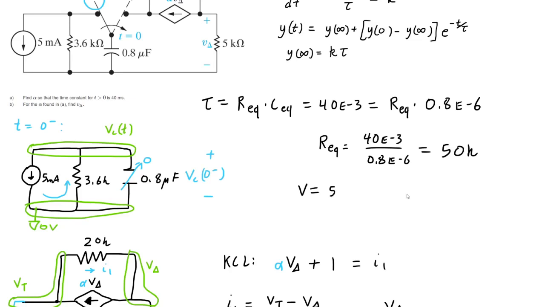So 5 milliamps times 3.6 kiloohms is going to be, the K and the M are going to cancel, so 5 times 3.6 is 18. So VC0 minus is 18 volts.